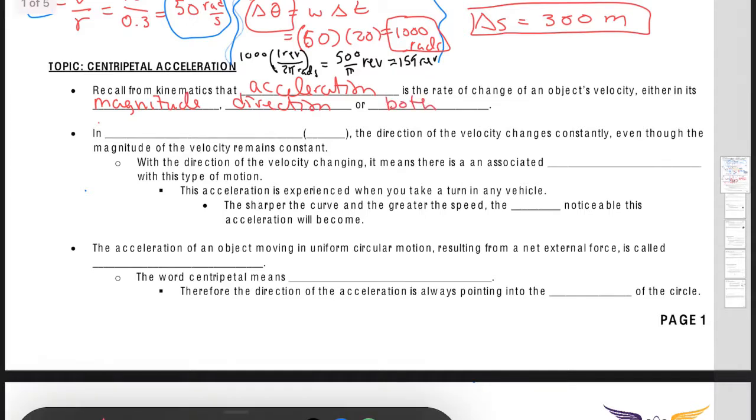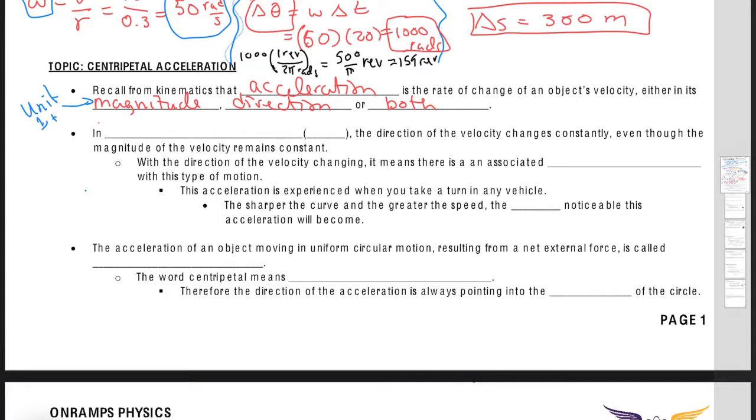The way you think about this is that the magnitude changing is our straight line, so our Unit 1 and 2 stuff. Direction change is what we're focusing on now, Unit 5.